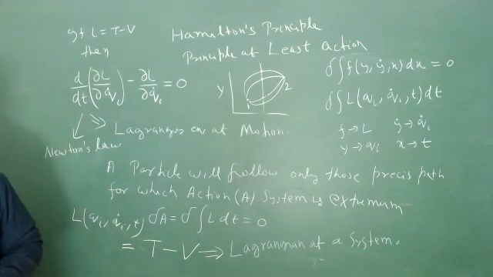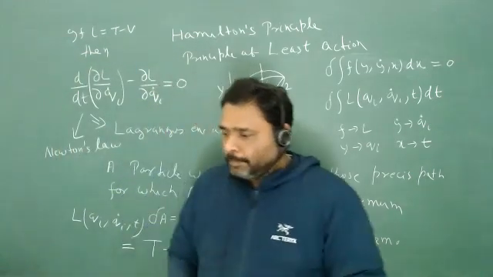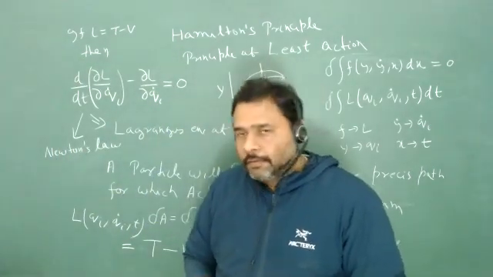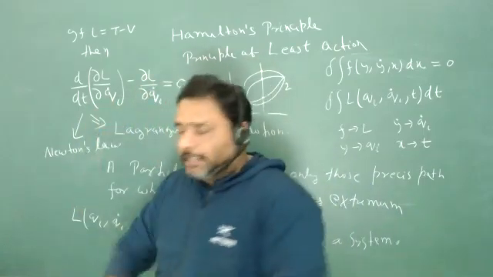Sir, how do we know this condition is the equation of motion? Because I want this to be the equation of motion. Are you getting my point? Okay. We want this to behave like the equation of motion.